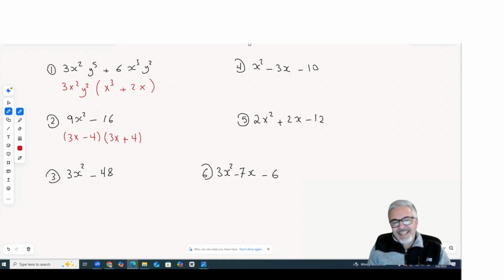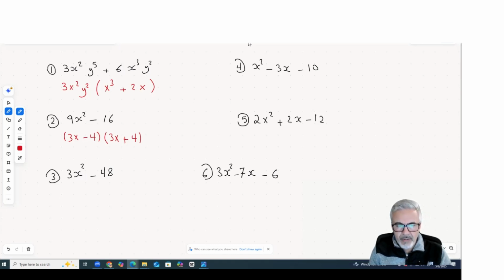How about this? Is this the difference of two squares? No, it's not, because 3 and 48 are not perfect squares. However, in question number 3, you have to use both the greatest common factor and the difference of squares.